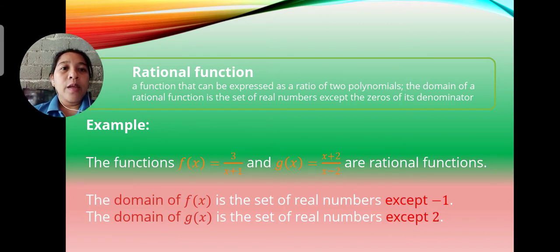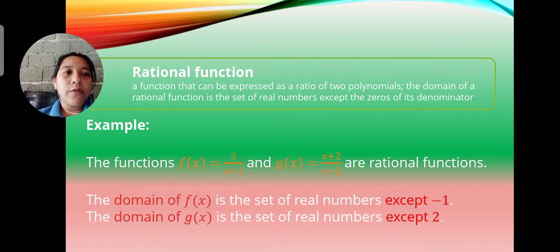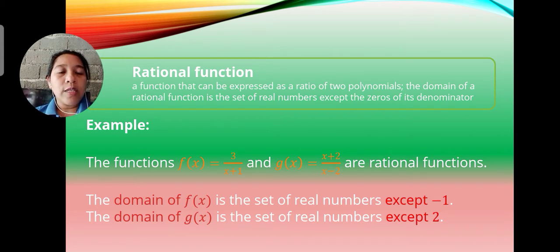Remember, the domain of a rational function is the set of real numbers except the zeros of its denominator. To get the zeros of its denominator, you need to equate the given expression in the denominator to 0. So let's say, for example, on f of x is equal to 3 divided by x plus 1, we need to equate x plus 1 to 0 to get the restriction, or the zero, of its denominator.